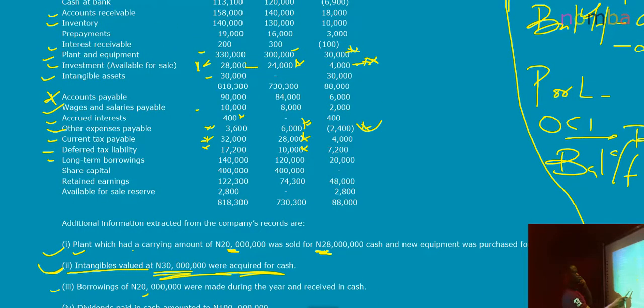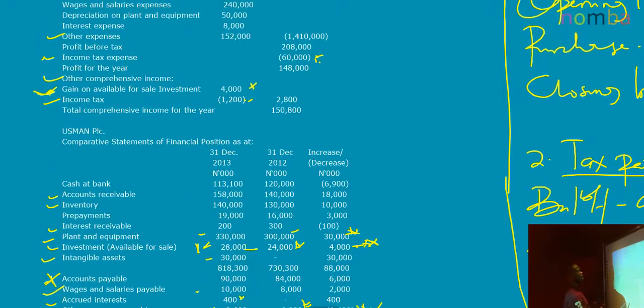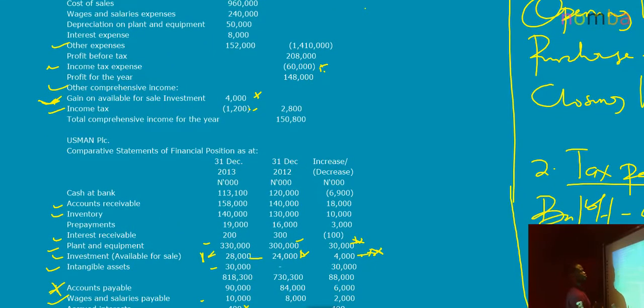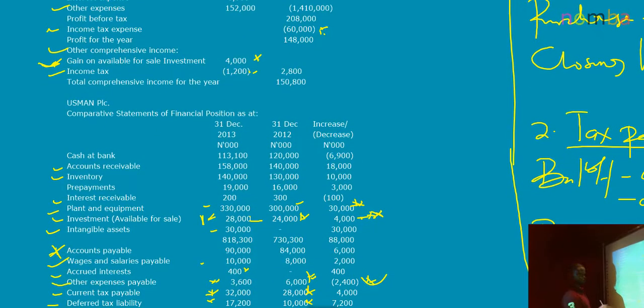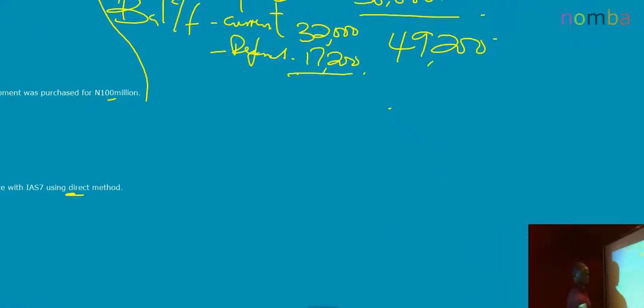So for us to accurately determine what that 30,000 relates to, we would have to do a movement in the statement in the plant, so that we can reconcile it.